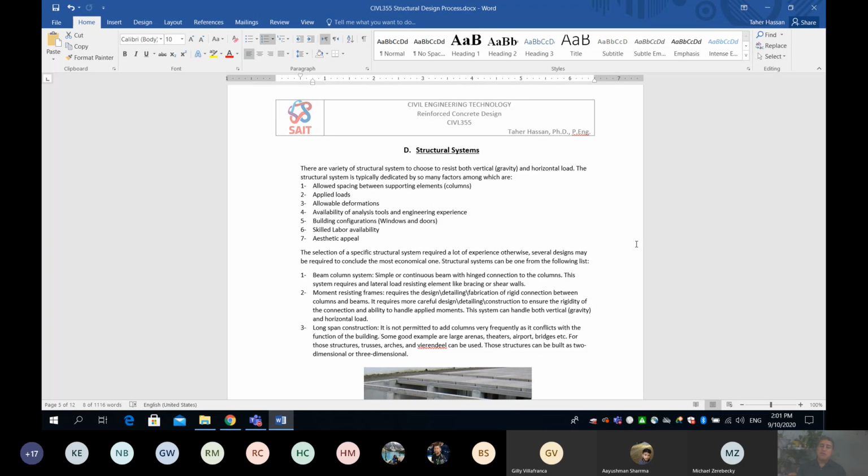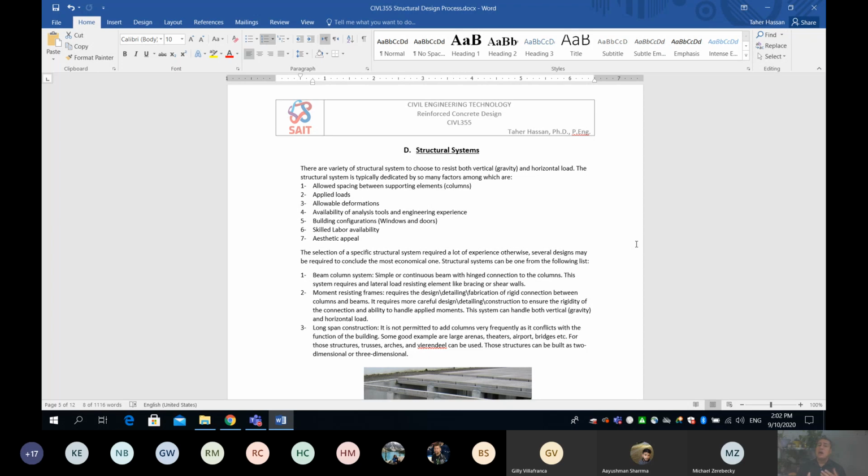One which is very obvious is the allowed spacing between the supporting elements, and I say columns. So the spacing between the columns is one main factor that dictates the structural system. It's very well known; people have been building with those systems for more than 100 years.